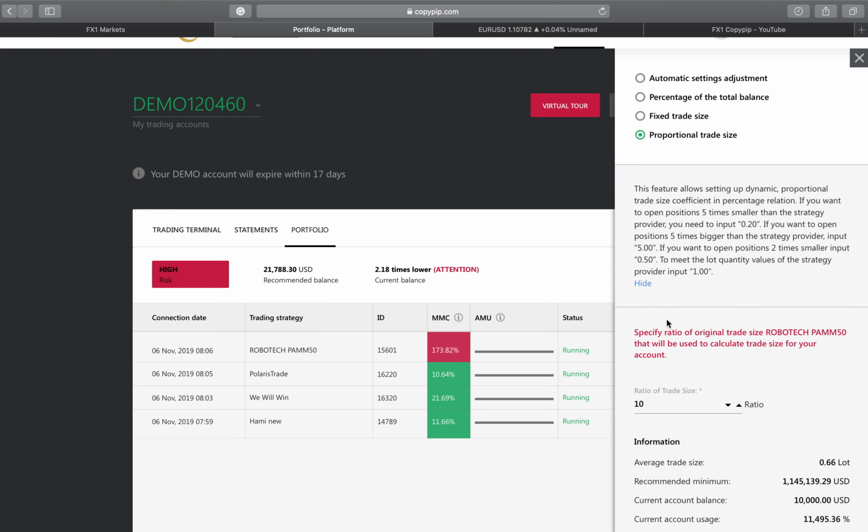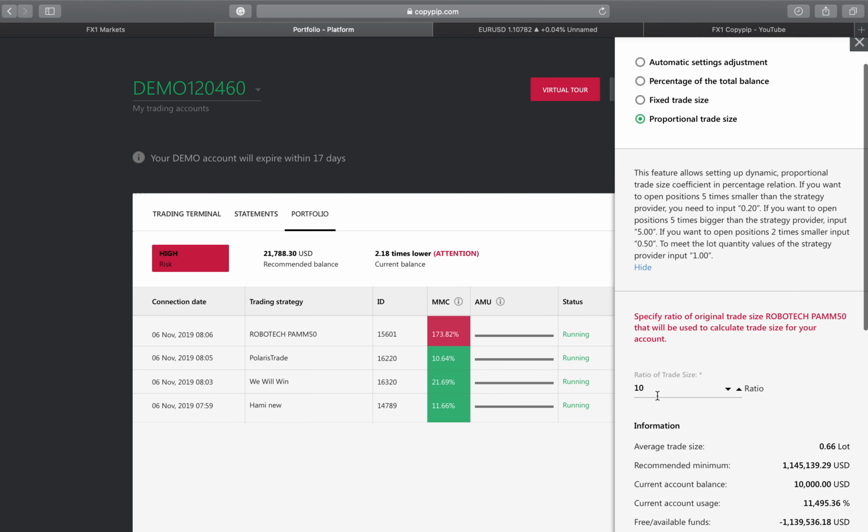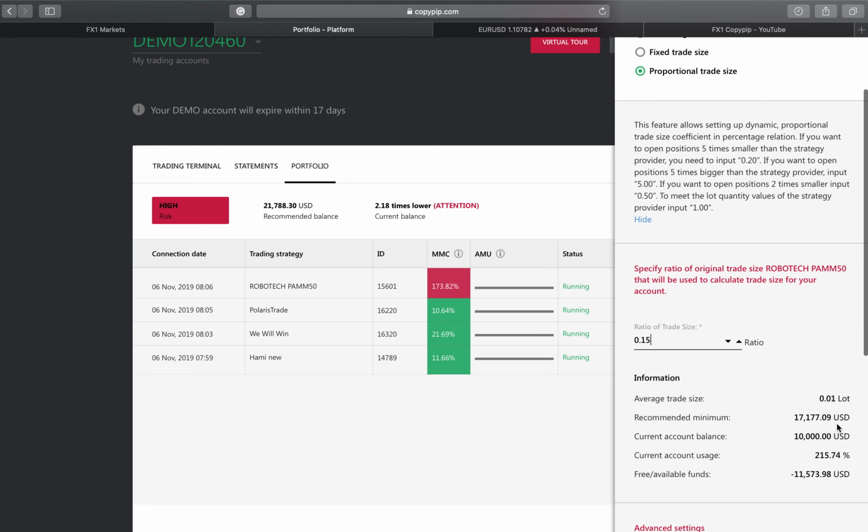So here I can put the ratio, of course not 10, it means 10 times higher. I want to go for 0.2, 20% of that trade size, or maybe 15% of that trade size.